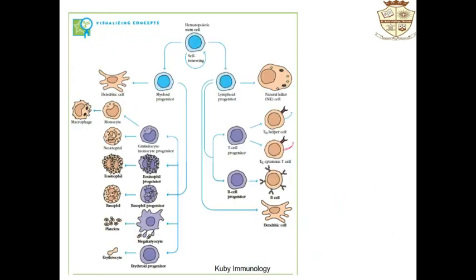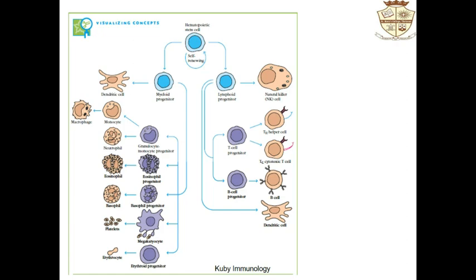So, we were discussing the cells of the immune system, and we discussed T lymphocytes, natural killer cells, B lymphocytes, macrophages, neutrophils, eosinophils, basophils, mast cells and dendritic cells. The B lymphocytes, T lymphocytes and the natural killer cells originate from the lymphoid progenitor cell.